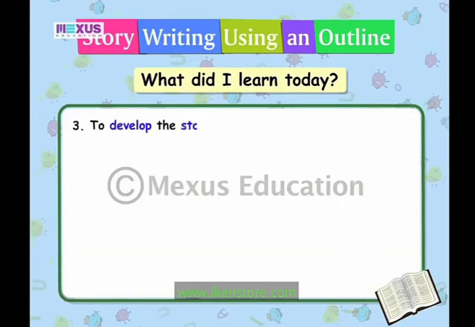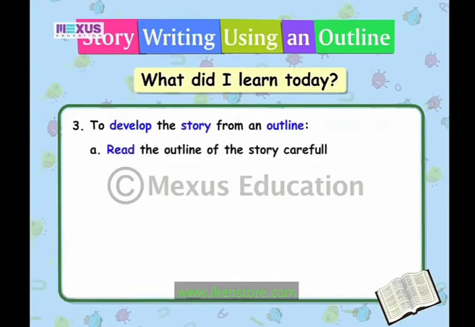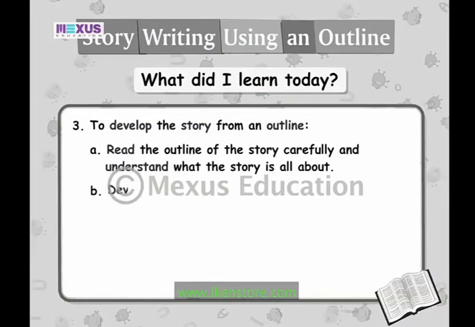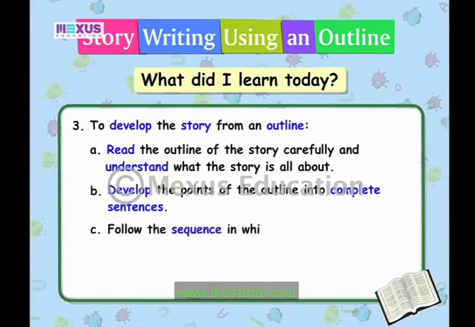To develop the story from an outline, read the outline of the story carefully and understand what the story is all about. Develop the points of the outline into complete sentences. Follow the sequence in which the points are given.